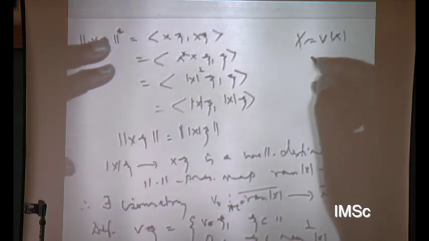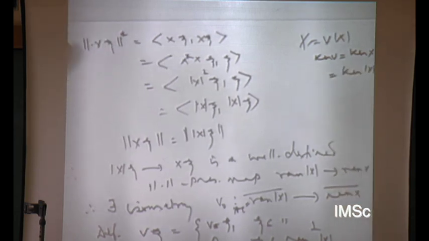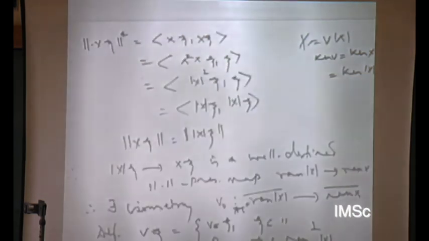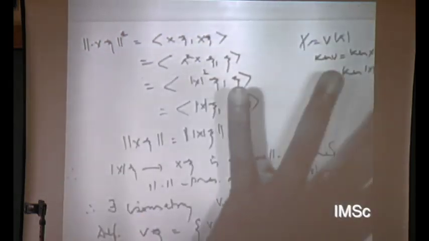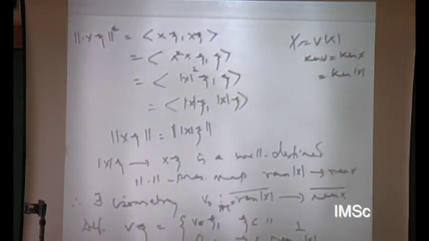And the kernel of V equals kernel x equals kernel mod x by construction. That means I've satisfied all these three conditions that I wanted in the theorem. V is a partial isometry, mod x is positive, and the three kernels are the same, and x equals V mod x.